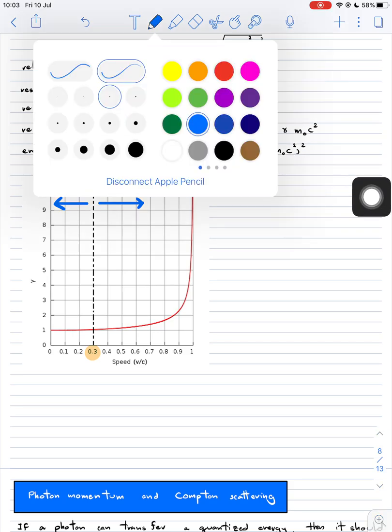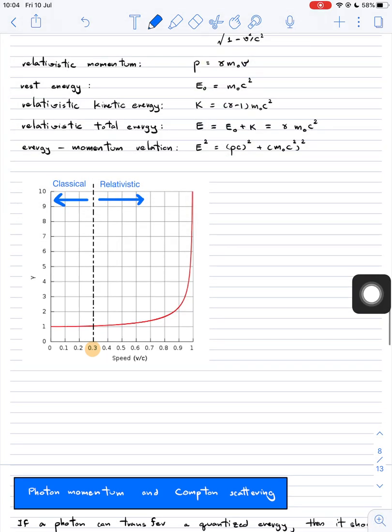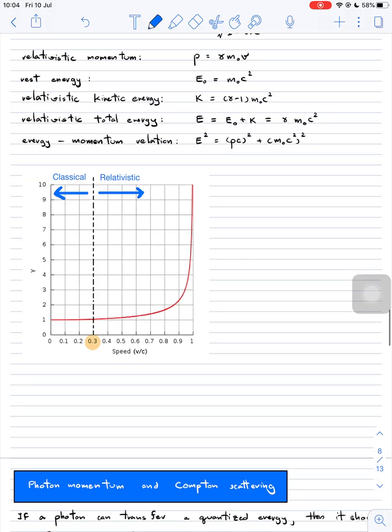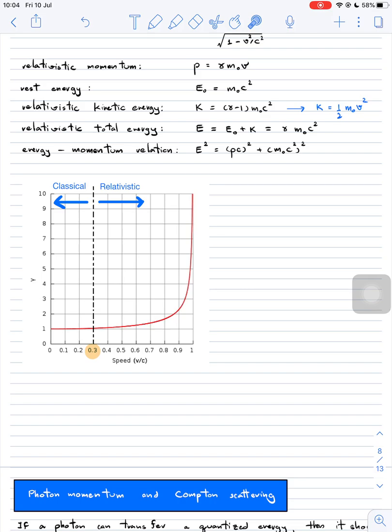When we have non-relativistic motion, we can convert this equation to K equal to 1/2 m0 v squared. So we can convert the general equation to this one for non-relativistic movement. But I will not show how we can transform this one into that one.